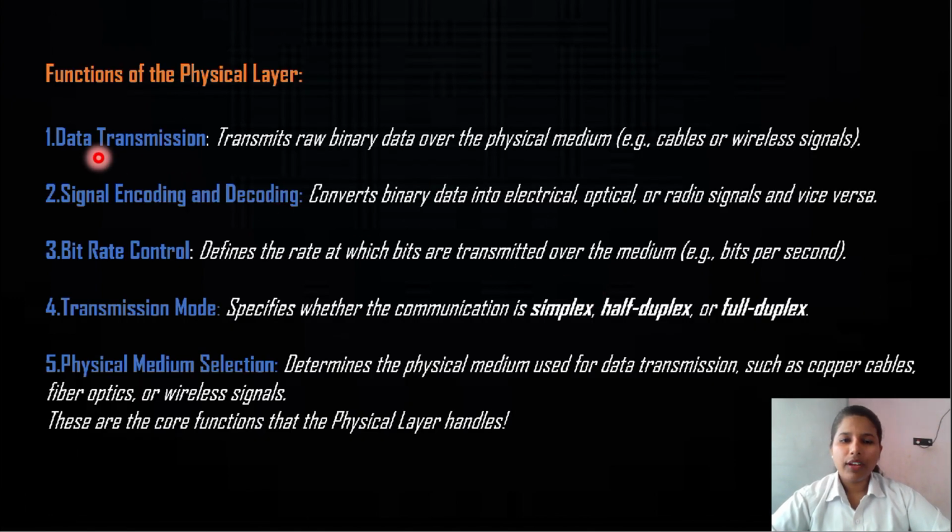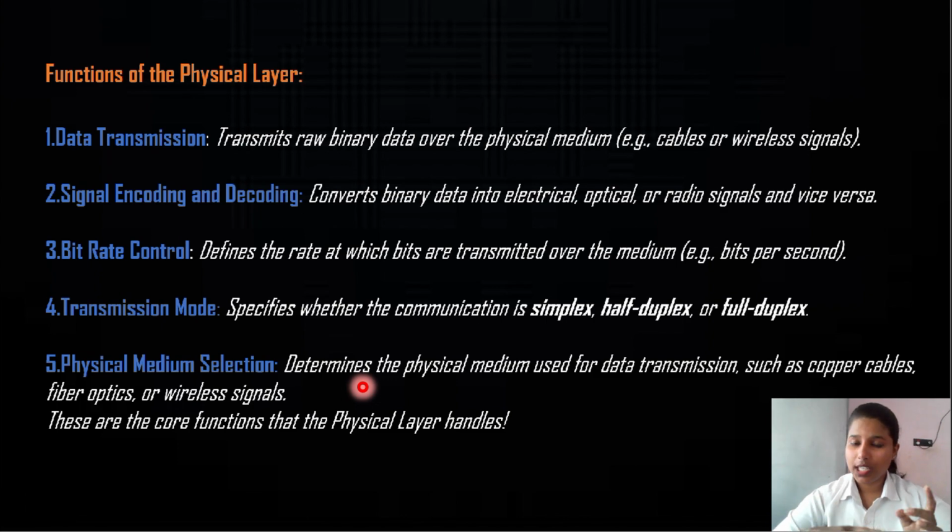It will transmit in the form of the physical layer. The functions are data transmission, signal encoding and decoding, bit rate, transmission mode, and physical medium selection. In a simple example, the physical layer, the first layer, handles transmission over the network. The data is converted into electrical signals, radio waves or optical signals that are sent through Wi-Fi, fiber optics and Ethernet cable. As an analogy, a post office truck physically delivers a letter to the receiver's post office. So this is how data reaches the receiver.